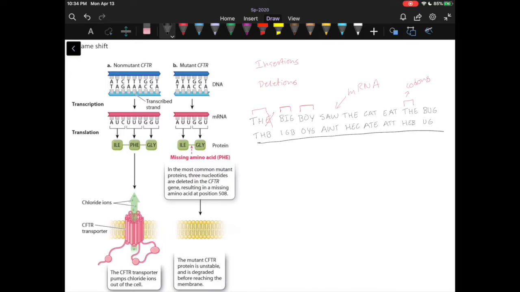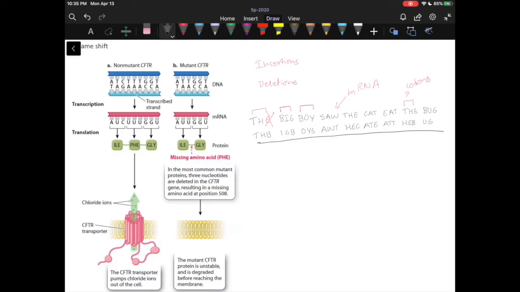So you can't really read this. It doesn't say anything close to what our original sentence says, and that's because it is a deletion of a nucleotide or a letter that is not in units of threes.